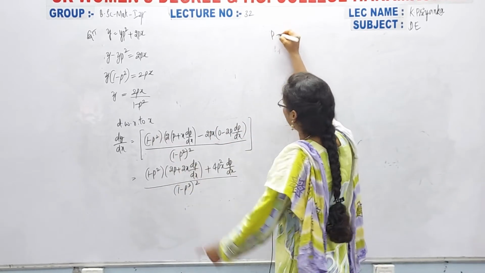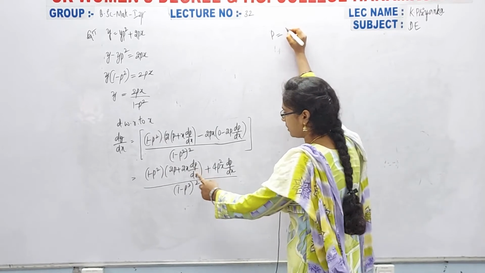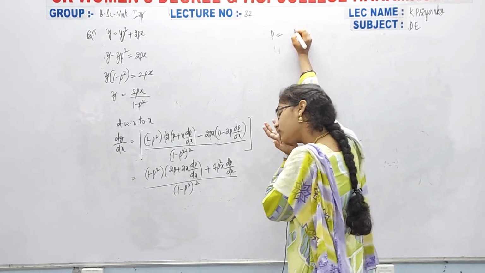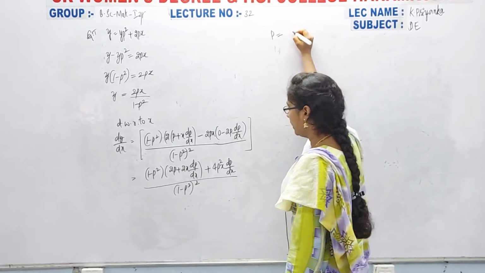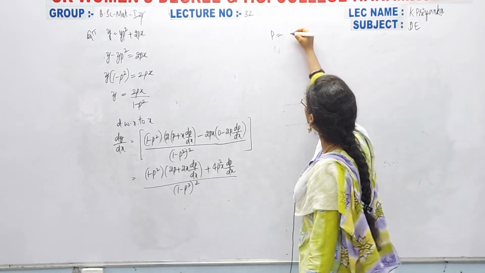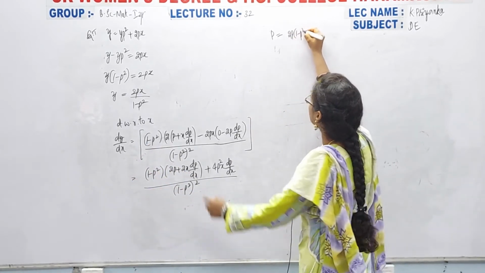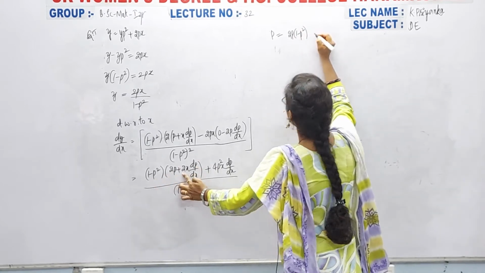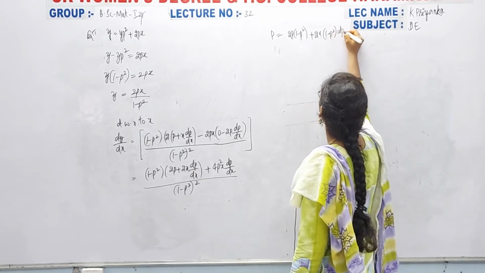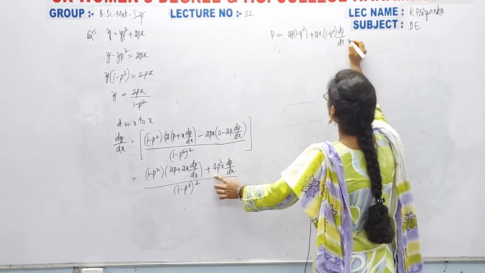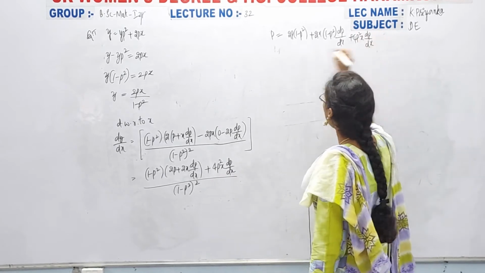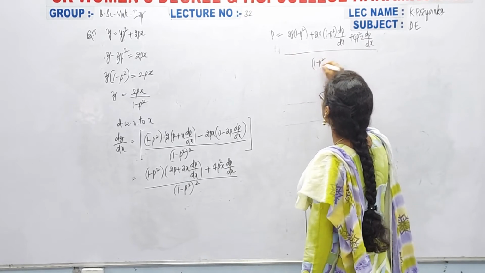Now p is equal to, I'm multiplying these terms, 2 common, so we can take it outside, otherwise directly I am writing that 2p of 1 minus p square, this term, plus 2x into 1 minus p square into dp by dx, that is finished, plus 4p square x dp by dx whole divided by 1 minus p square whole square.